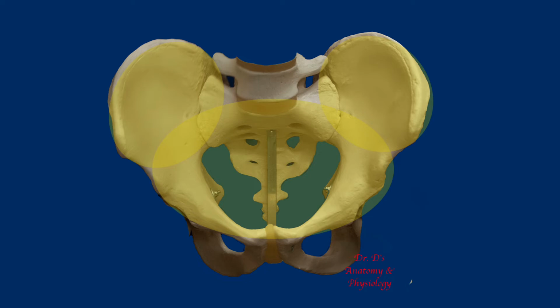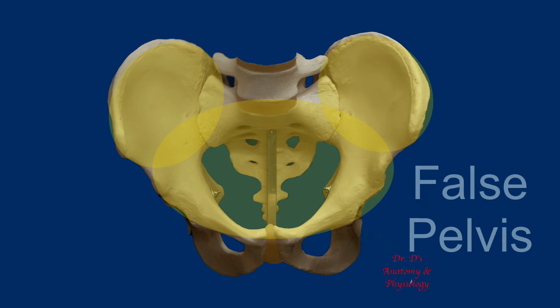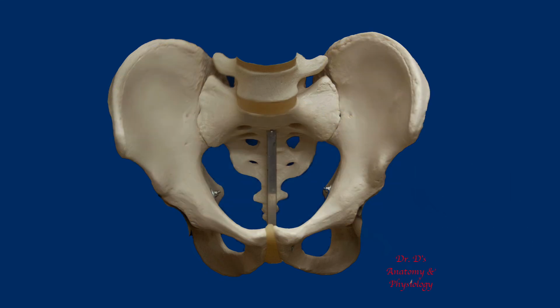But this is not really a bowl because the bony wall is absent in the front. And if there is a complete bowl here, the wall in front is formed by muscles and fascia of the lower abdomen. So this is a kind of bowl, and it is called the greater pelvis or false pelvis, and the pelvis bounded by the pelvic inlet is the lesser pelvis or true pelvis.